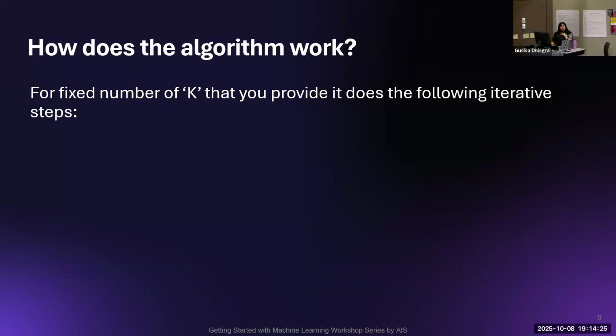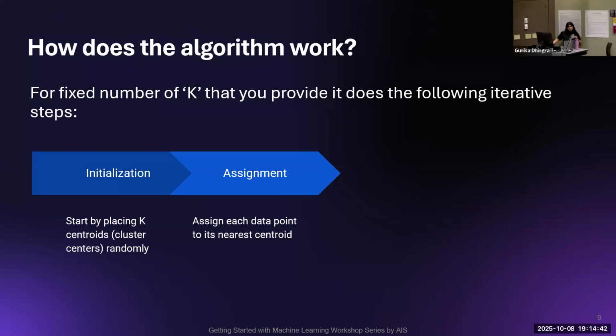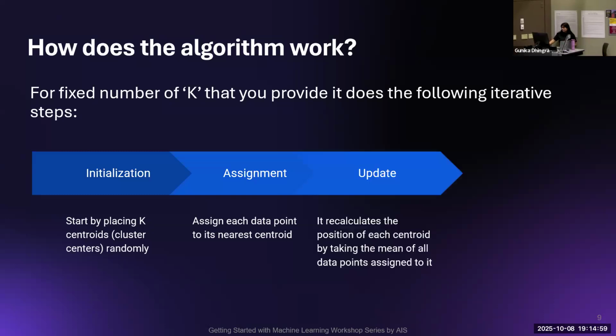We have this algorithm, also called Lloyd's algorithm. How does it work? We initialize by placing k centroids randomly, which is the assumption of k in the data space. Then we assign each data point to its nearest centroid. So I laid, let's say, 3 different centroids. If I have 30 different data points in the entire space, I'm going to assign each of those 30 data points to the 3 clusters that I have determined.